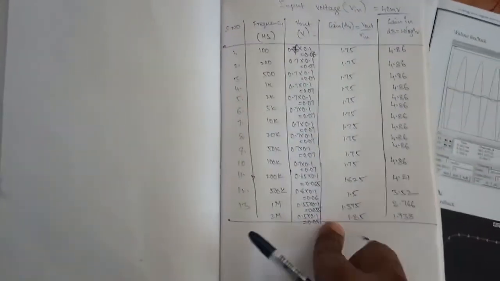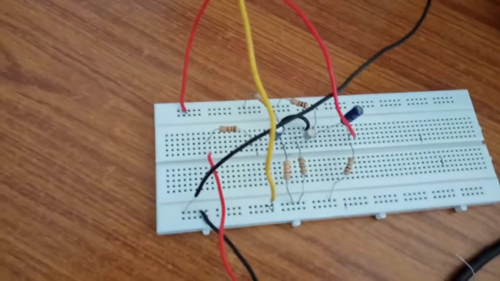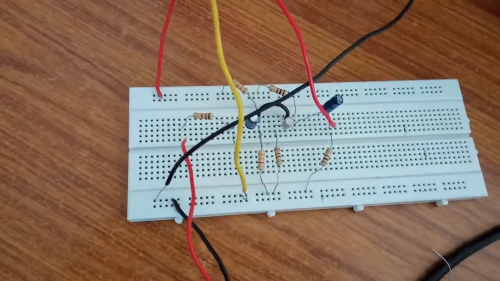So this is negative feedback. With negative feedback we get less gain, but the circuit is stable. Without feedback we get large gain, but the circuit is not stable.